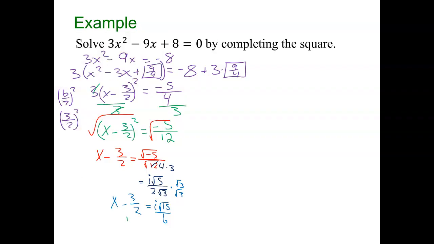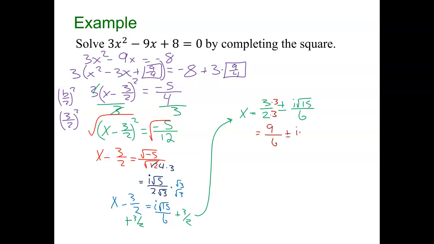Then we add the 3 halves to both sides. x is 3 halves plus and minus i root 15 over 6. Last but not least, we need a common denominator. Multiply by 3, so we get 9 over 6 plus and minus i root 15 over 6, for our final answer of 9 plus and minus i root 15 over 6.